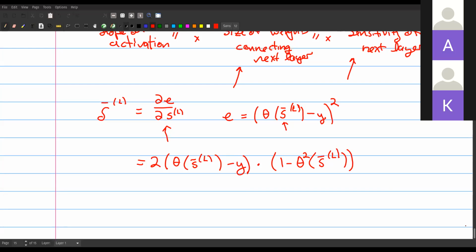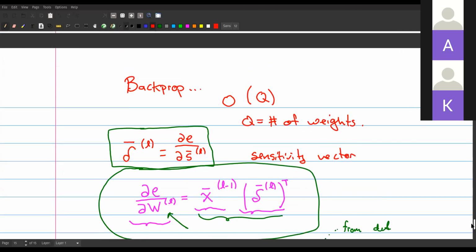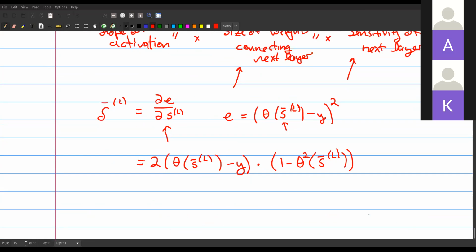Okay, all right, so we can go even further here because x^L, which is the output in the very last layer, is actually equal to theta of S^L by definition. So that's how you get to the very last output.